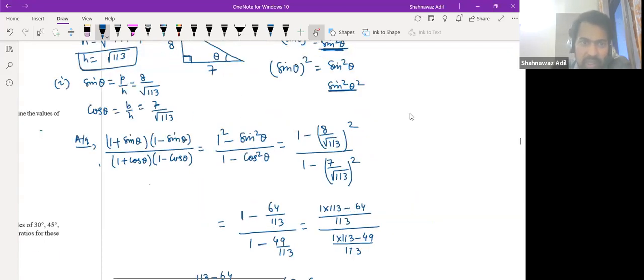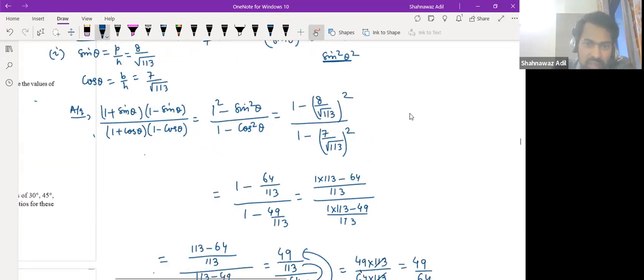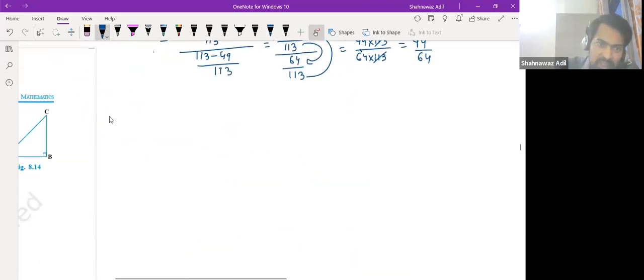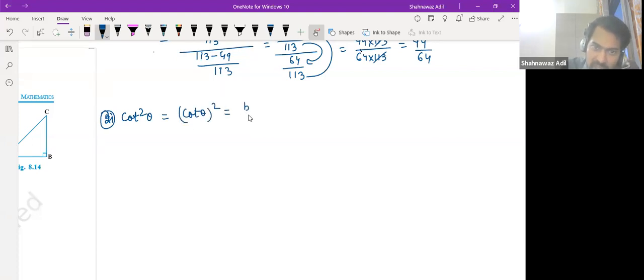Similarly, in the second part we have to calculate cot square theta. Cot square theta is cot theta whole square, which is B by P whole square.